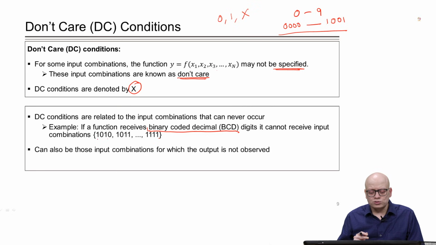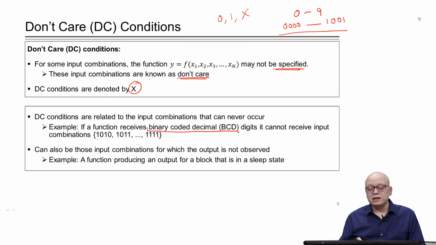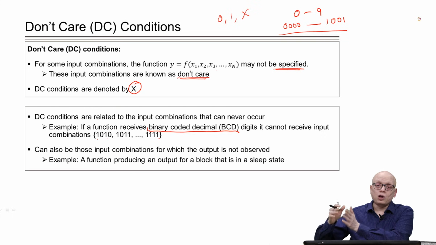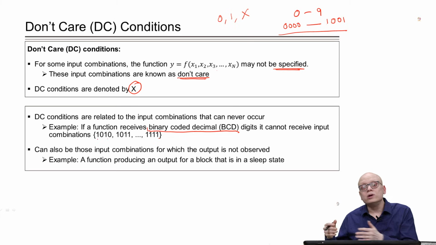Similarly, there can also be those input combinations for which the output is not observed. Sometimes there are input combinations for which the output is never observed. Suppose there is an input combination which makes the block that is observing the output go into a sleep state.